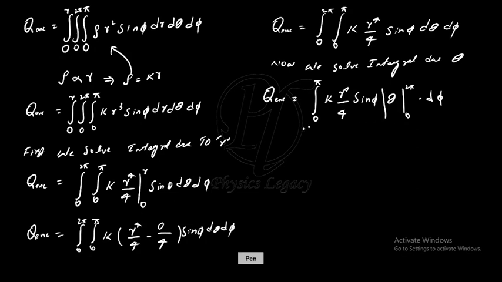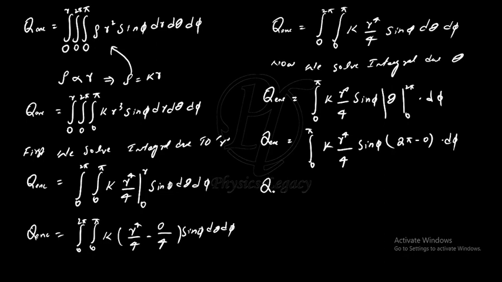So Q enclosed equal to integral 0 to pi, k R to the 4 over 4 sine phi into 2 pi minus 0, d phi. Q enclosed equal to integral 0 to pi, k R to the 4 over 4 sine phi into 2 pi d phi.